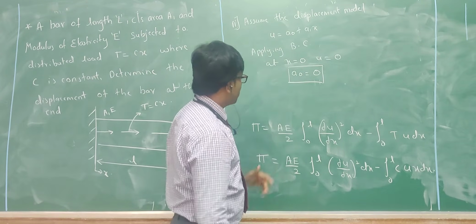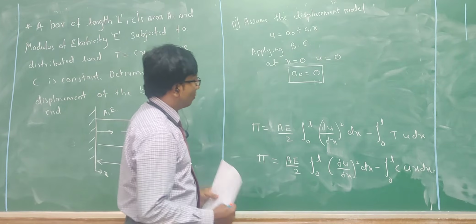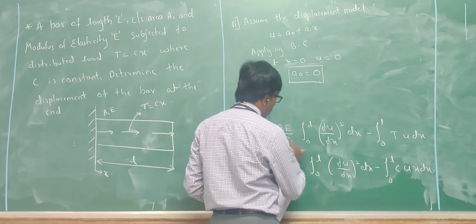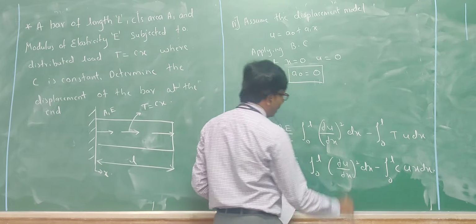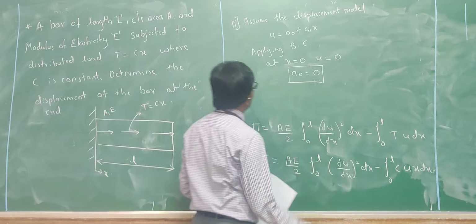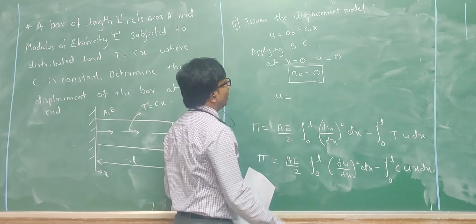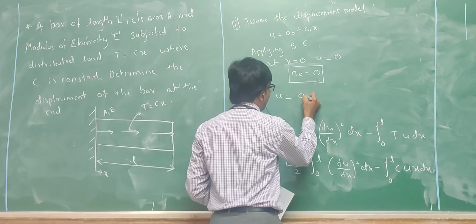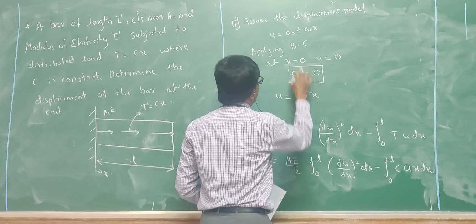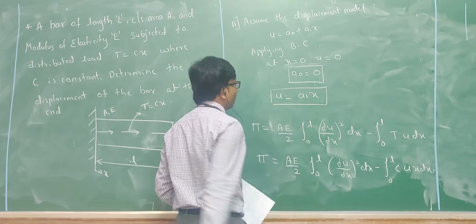For substituting, what all the things do we need? If you go on with this equation, I need dou u by dou x, and also I need what is u. From this particular equation, a naught is 0, already we calculated, so u is equal to a1x.